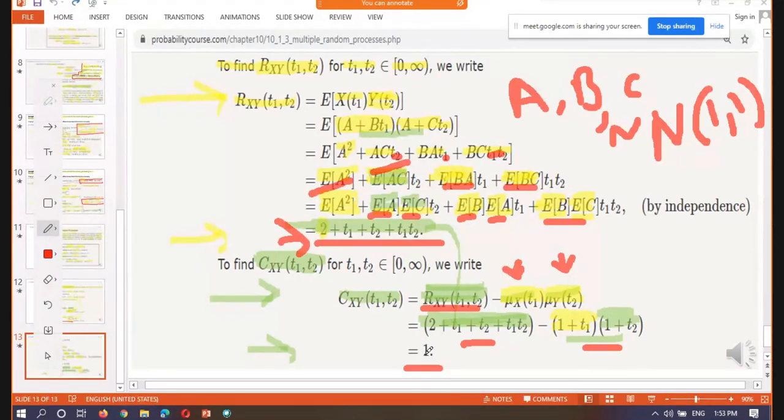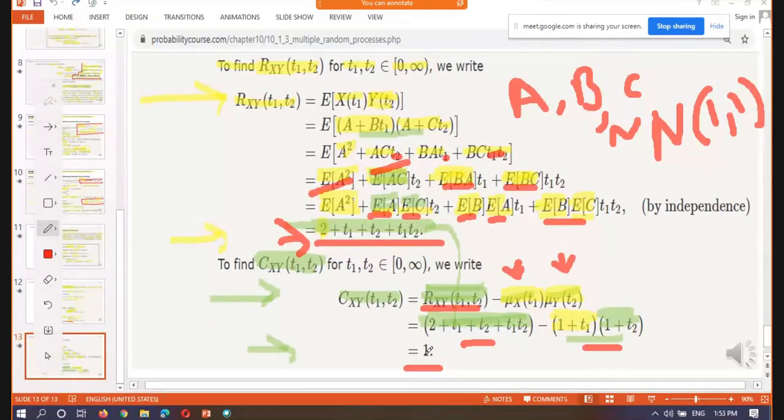In the next class, we will learn what a stationary process, wide sense stationary process, and strict sense stationary process are.